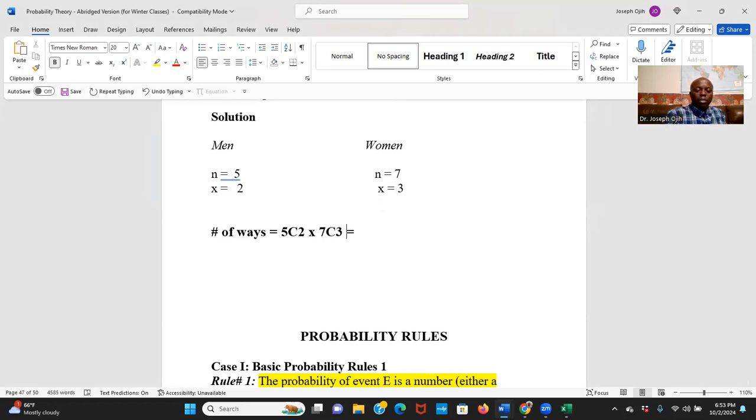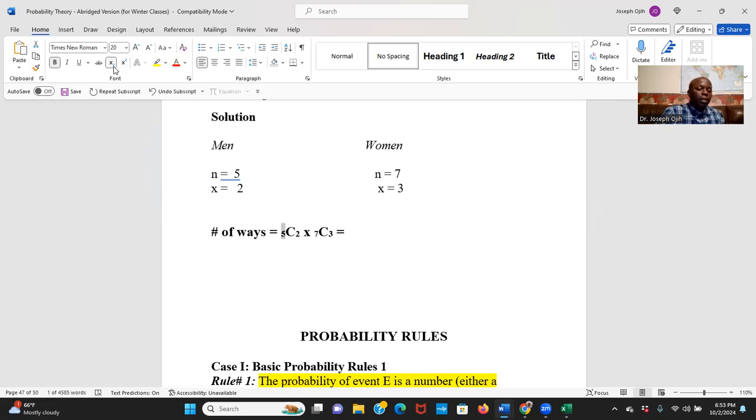Let's make some adjustments here. That gives us the results we're looking for. Okay, so let me write this down so we can complete the calculation. So I got 5 combination 2 times 7 combination 3.